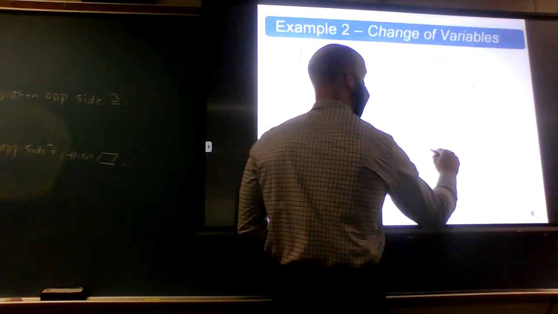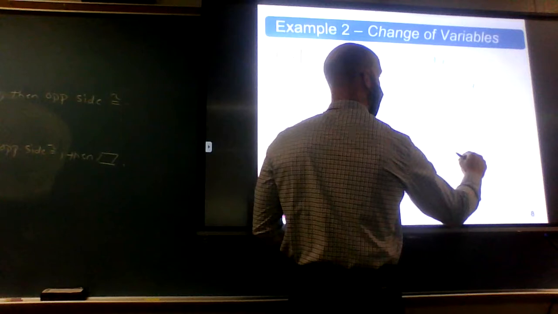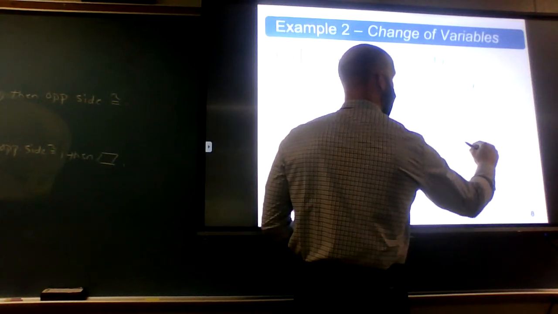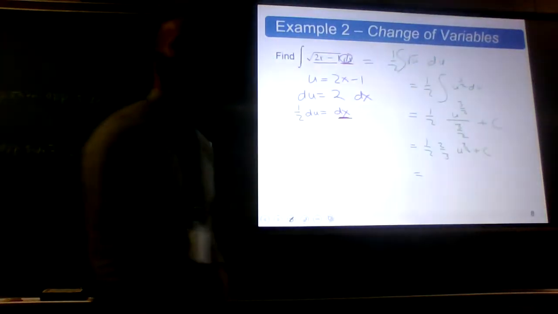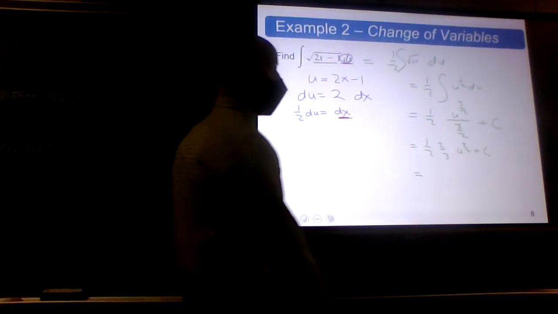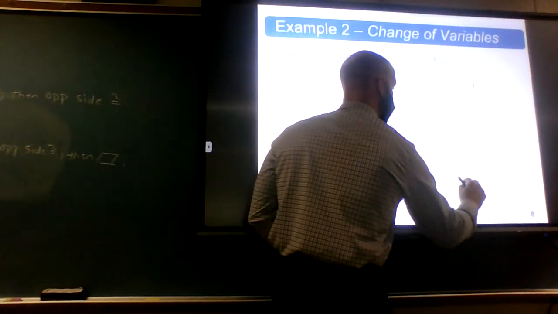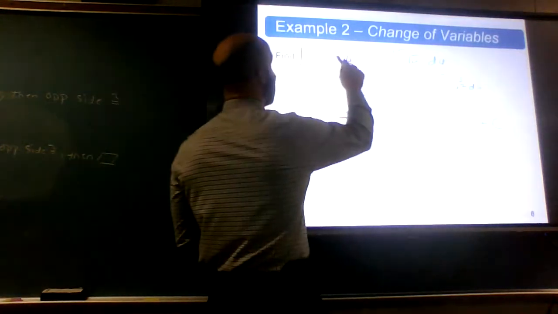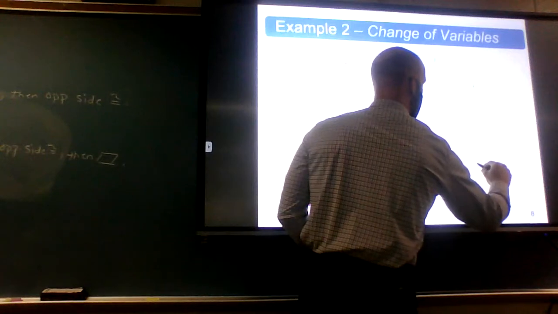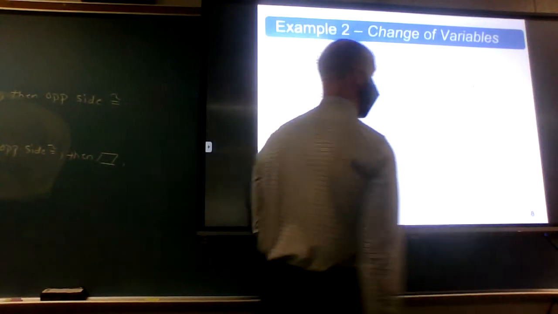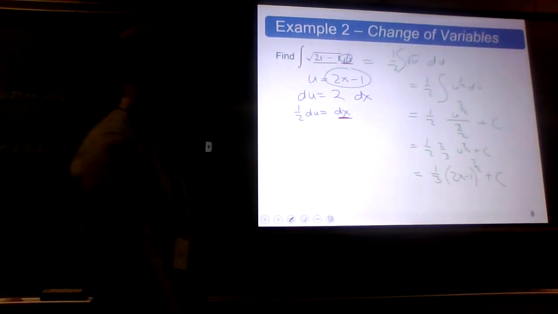So then that's going to be 1/2 times 2/3, and then u to the 3/2 plus c. The 2's are going to cancel, right? So then this is going to be 1/3, and then instead of u here, let's put what u is: 2x minus 1 to the 3/2 plus c. That's your answer.